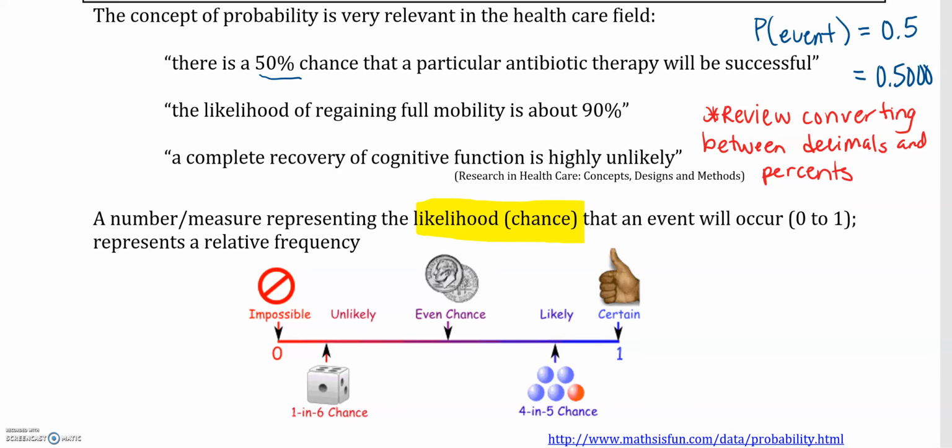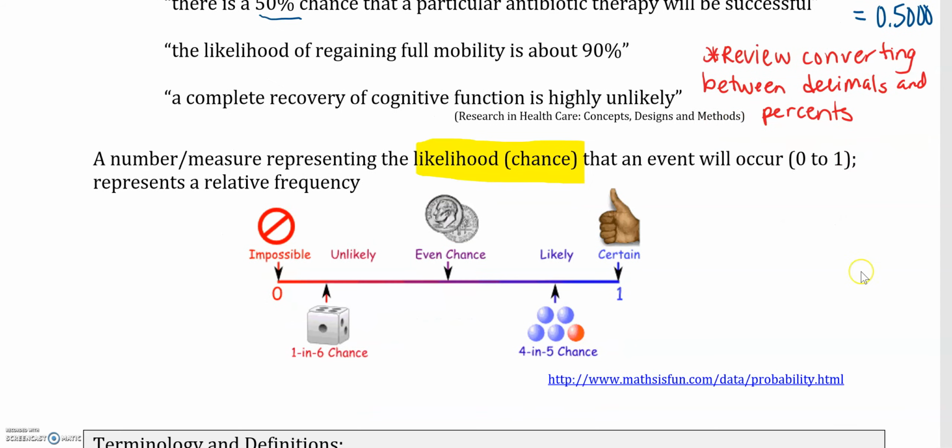And looking at this ball example, if you have 5 balls, 4 of which are blue and 1 is red, the chance that you will select a blue ball from a random pile of those 5 balls would be a 4 in 5 chance, or 0.8 probability. It's worth mentioning the percentages that would go along with these probabilities. So if an event is impossible, it will never occur, it's 0% chance, and a probability of 1 means that it's 100% likely to occur, so it's certain.